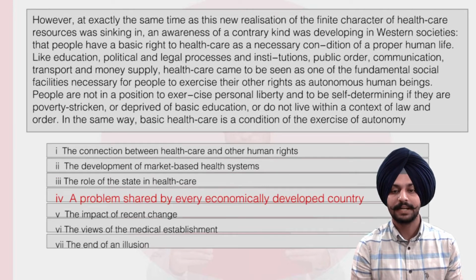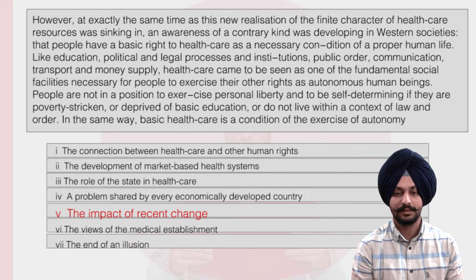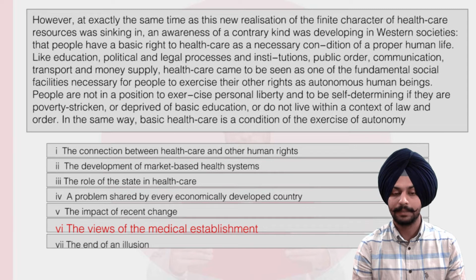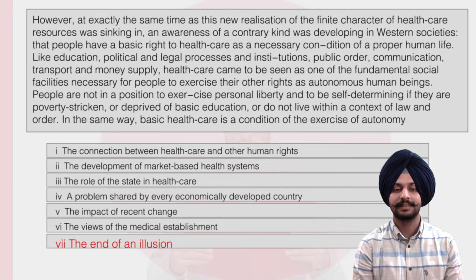A problem shared by, this we already marked in the previous question. And the impact of recent changes. There is no change being described in this paragraph. And the view of the medical establishment, same, nothing about that either. The end of an illusion, same, there is nothing about illusion written in this paragraph.